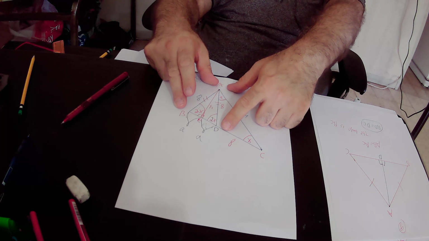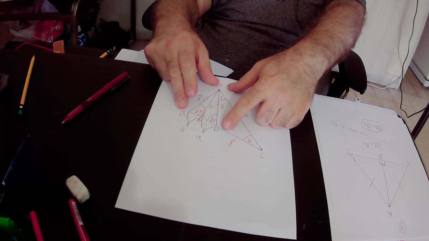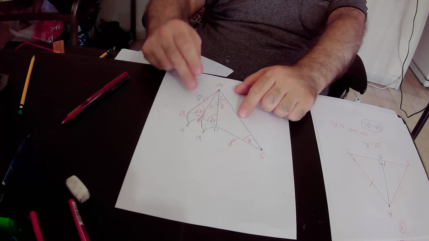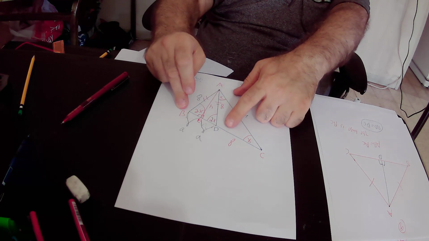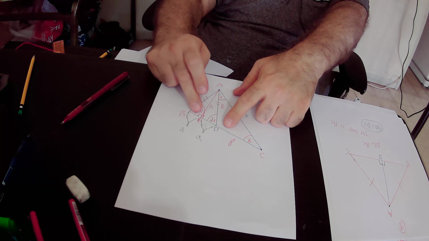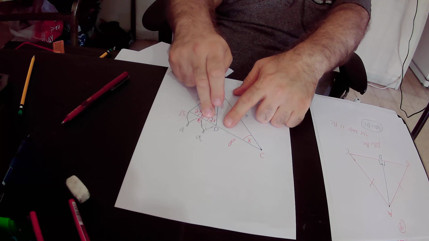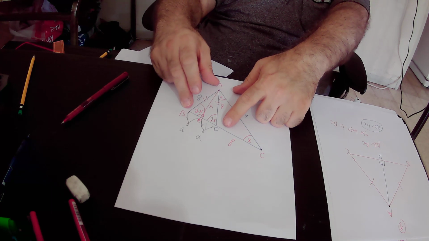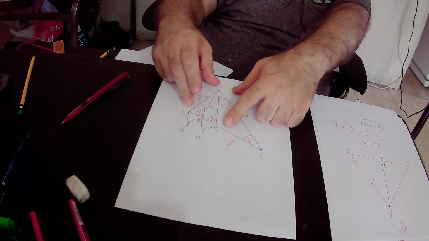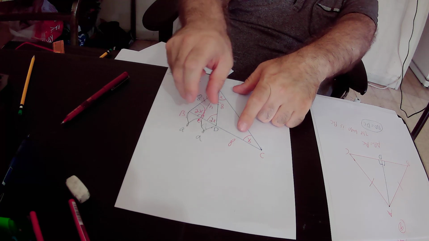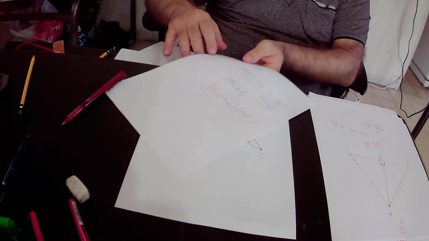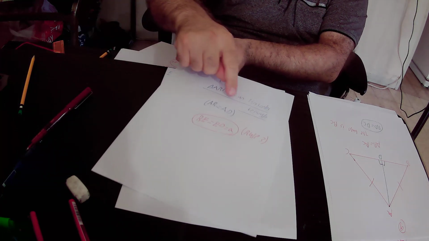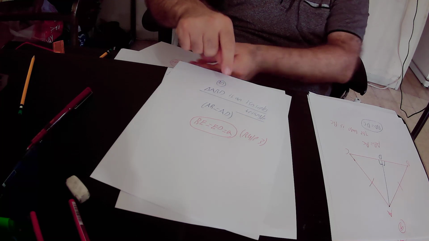Therefore, if we draw perpendicular AE to the base BD, that is to say this angle is 90 degrees and this angle is 90 degrees, then it will divide the base BD into 2 equal parts, that is to say BE equals ED.